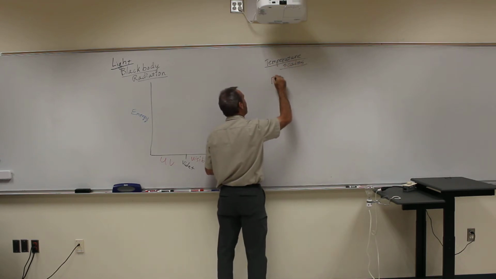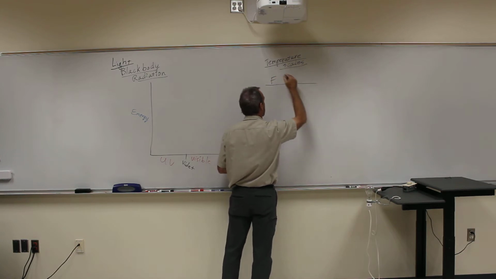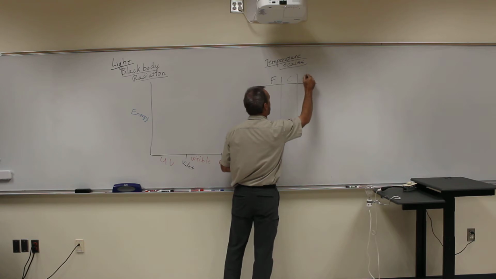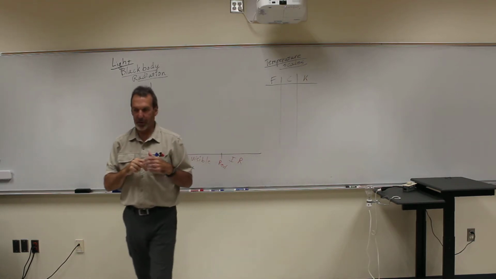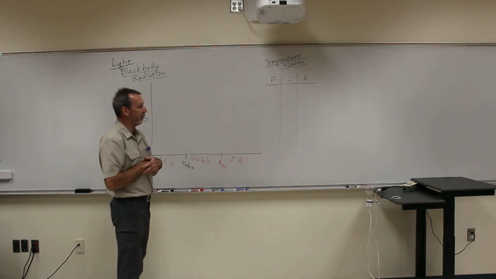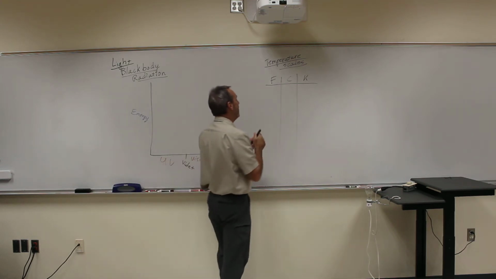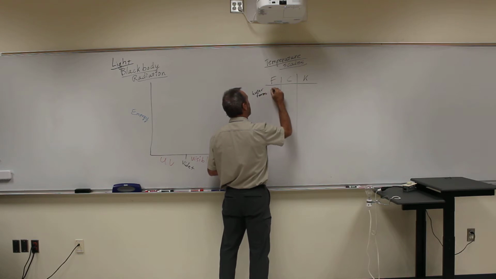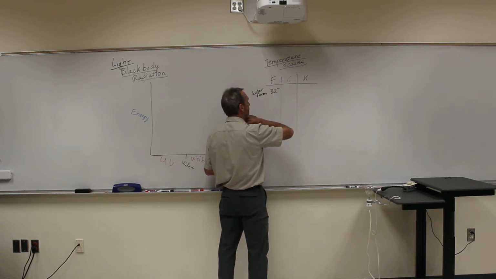Alright, now the one that we use is the Fahrenheit scale, which is by far the worst of all of them, which is typical, I guess. We get something and we never change, even though there's way better ones out there. The Fahrenheit scale says that where water freezes is 32 degrees.